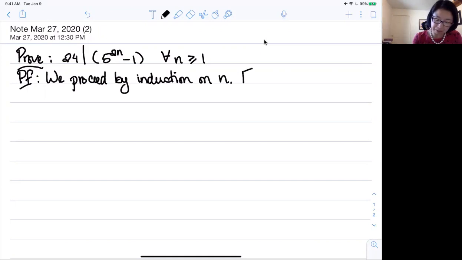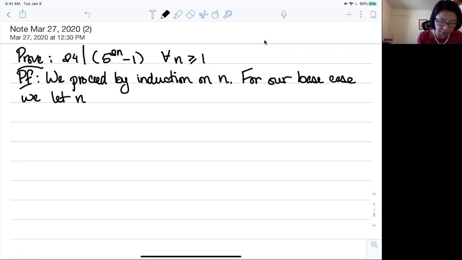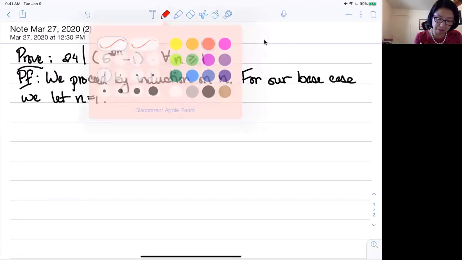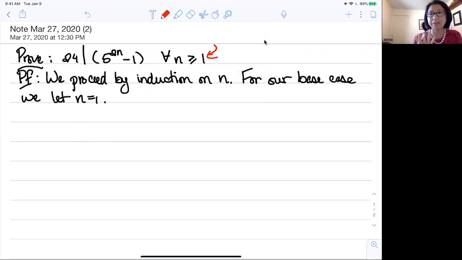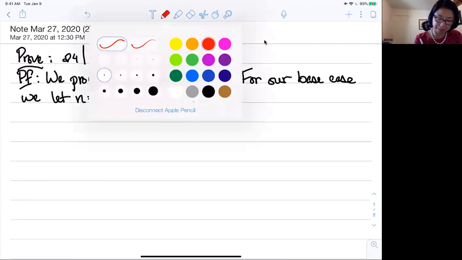So here, for our base case, we let n equal 1, because n equals 1 is the very first statement we're given in the proof setup, in the claim.